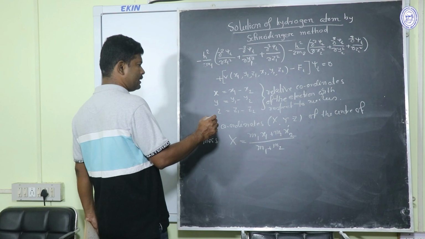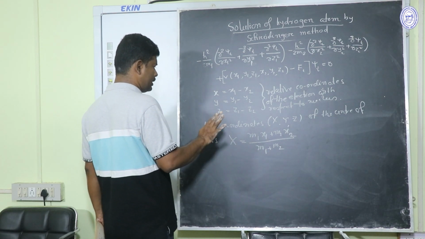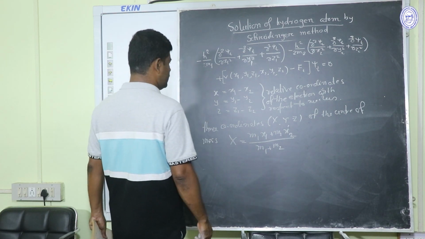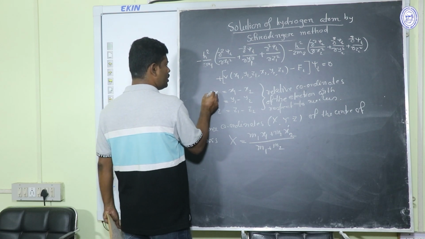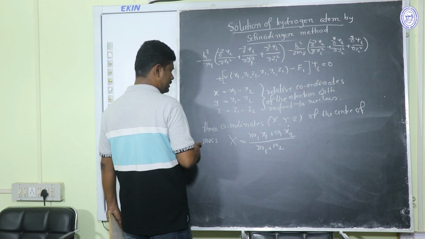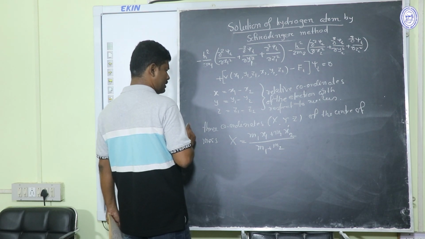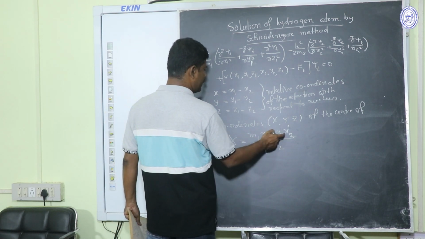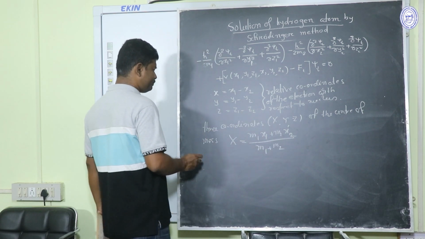Because there are two particles in the system, one the electron and the other the nucleus, we can define the center of mass. This is the coordinate of the electron with respect to the nucleus, and this is the coordinate of the center of mass with respect to a particular coordinate system about which x1, x2 has been determined.